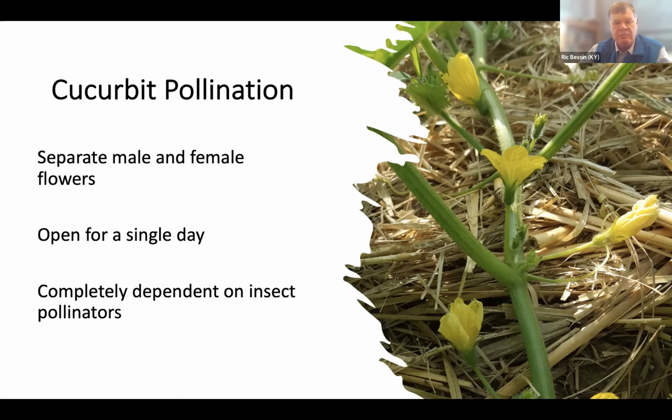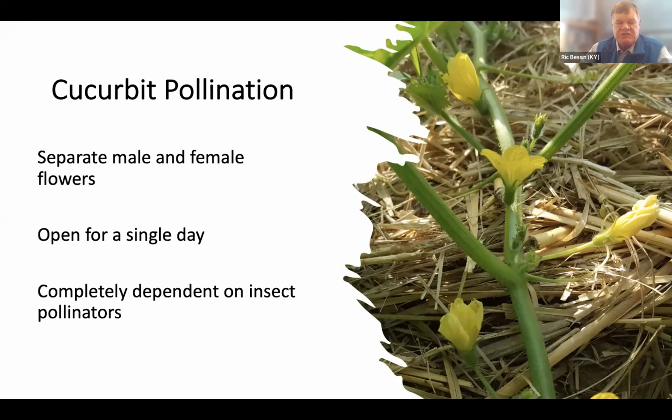These flowers are open for a single day. I actually had a student test this, going out and looking at various species on a daily basis to make sure they were only open for a single day. With some of these, like squash, they may open the flowers at 4 in the morning and close them by 10 in the morning, but they're only open for a single day.